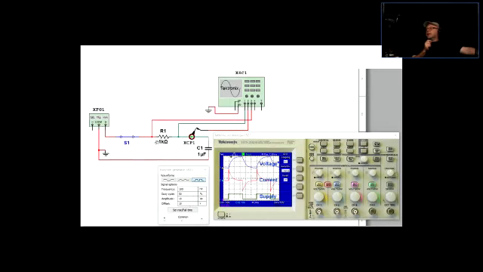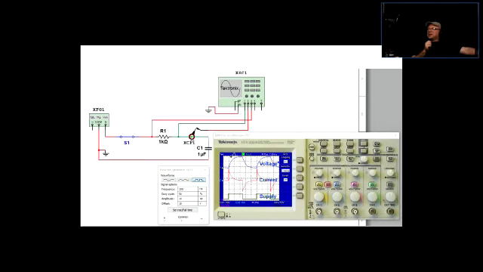So the power supply supplies a signal from 0 to 10 volts, or actually 20 volts. There is no negative component here. And I put a Tektronix scope in the circuit.